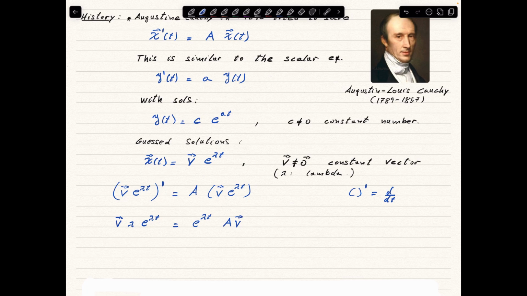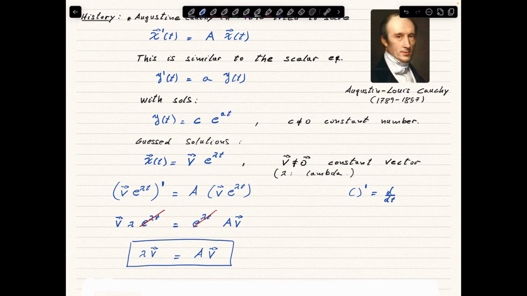But we have exponentials on both sides, so we can cancel them out. Then we end up with the following equation that lambda and v must satisfy: lambda times v has to be equal to the matrix A acting on v.